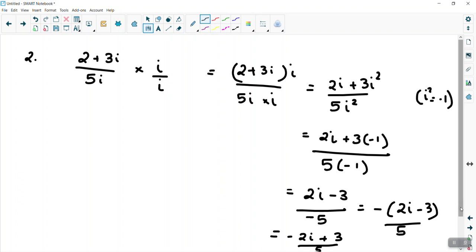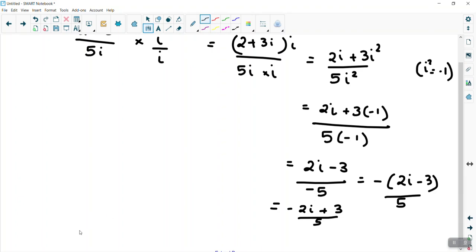Okay, if you're asked to write this in the standard form a plus bi, this can be written as negative 2i over 5 plus 3 over 5, right?